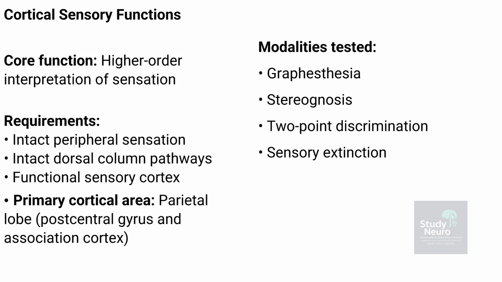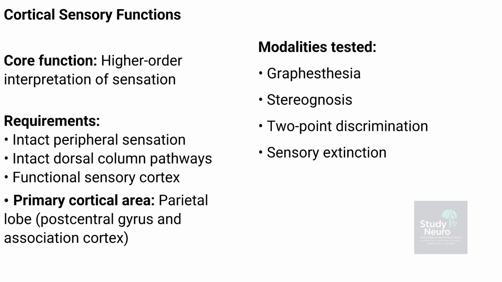During testing, the patient is asked to identify numbers traced on their palm, name objects placed in their hand, distinguish 2 points applied closely to the skin, or report sensations on both sides when touched simultaneously. A normal response is accurate recognition in each modality, with symmetrical perception on both sides.